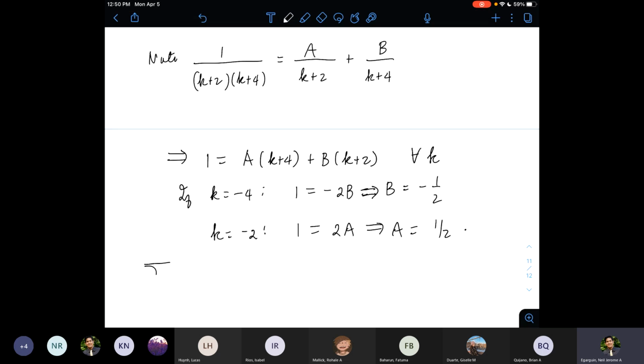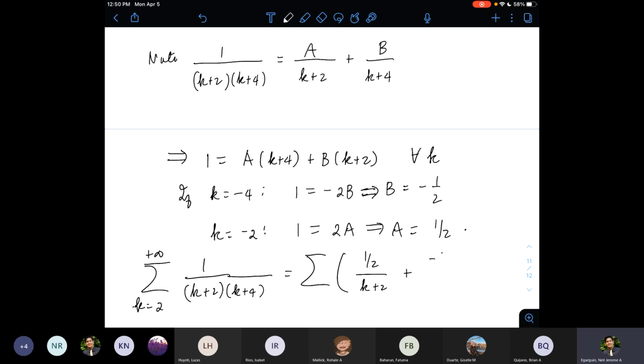So that means our infinite series, 1 over (k plus 2)(k plus 4), k going from 2 until infinity, can be written in partial fractions as (1/2) over k plus 2 plus (-1/2) over k plus 4, k going from 2 to positive infinity.